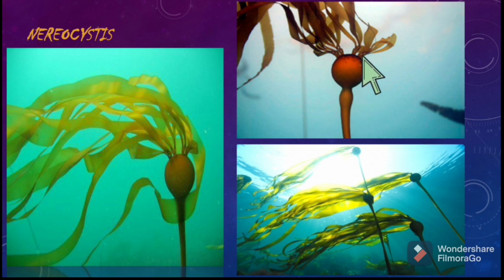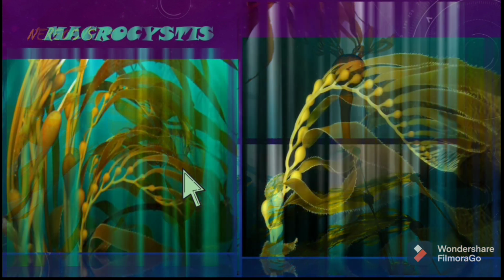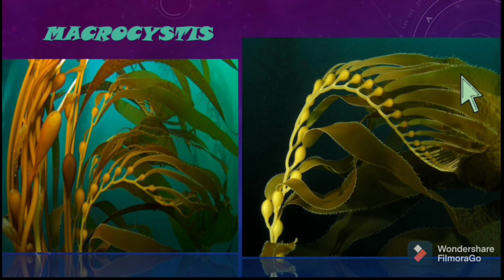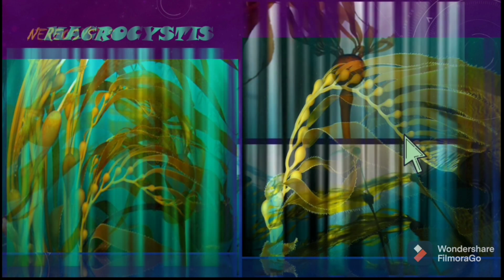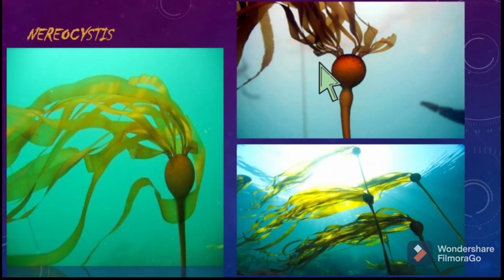The difference between this and the previous one is that at the base of each blade there is a gas bladder, but in this case many blades arise from a single large terminal gas bladder, and they are attached to it.